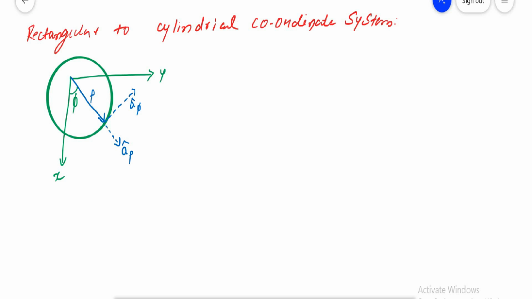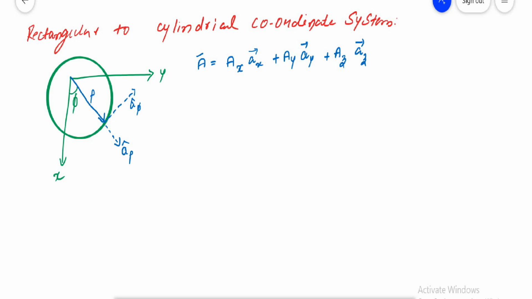Let us consider A is a point, so its vector becomes A = AX a_x, AY a_y and AZ a_z.